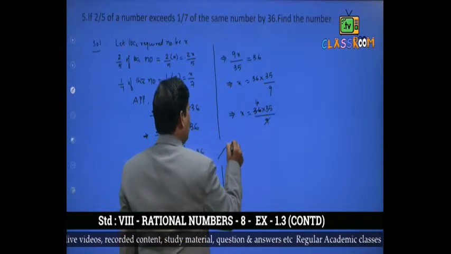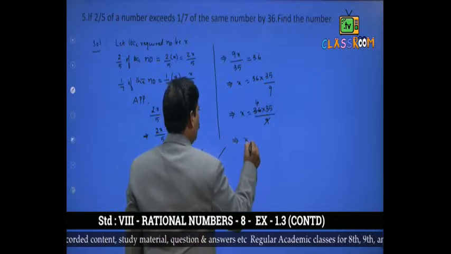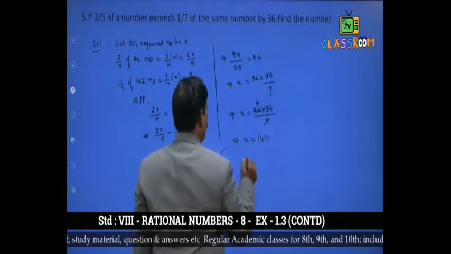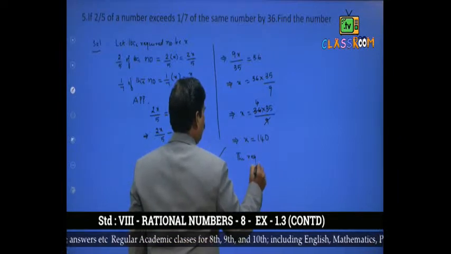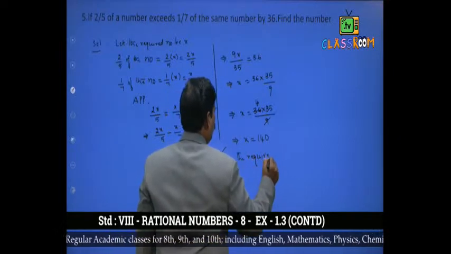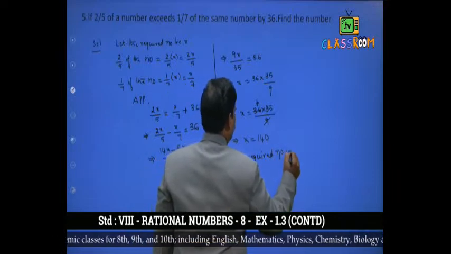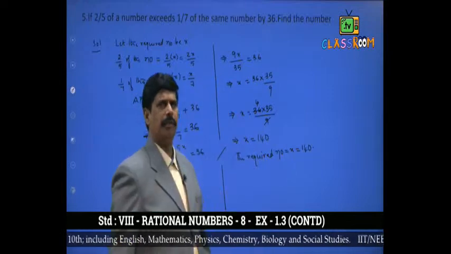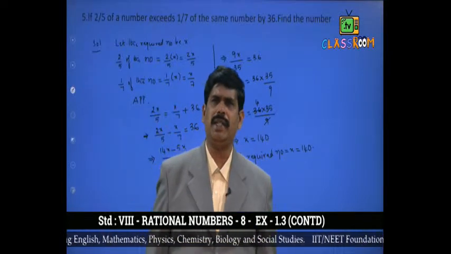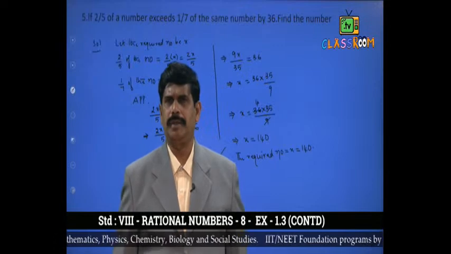So now you multiply 4 into 35, that will be 140. Therefore the required number is equal to x, that will be 140.